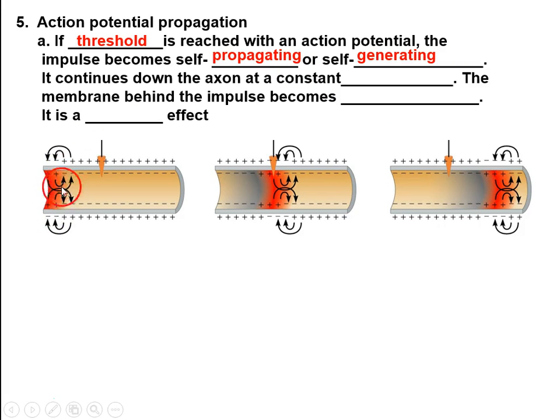So we have that depolarization here, which causes more sodiums to move, which causes depolarization there, and sodium moves and causes depolarization there. So it moves all the way down the axon, and it continues at a constant velocity, and the membrane ahead of it is depolarized, the membrane behind it is repolarized. It's kind of like a domino effect.